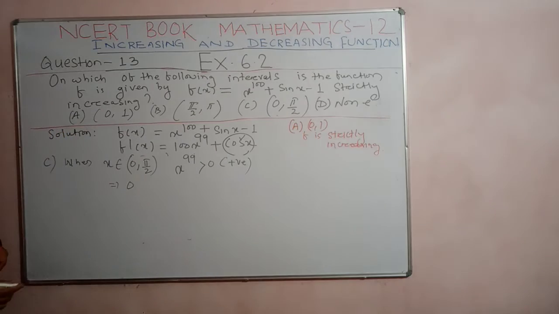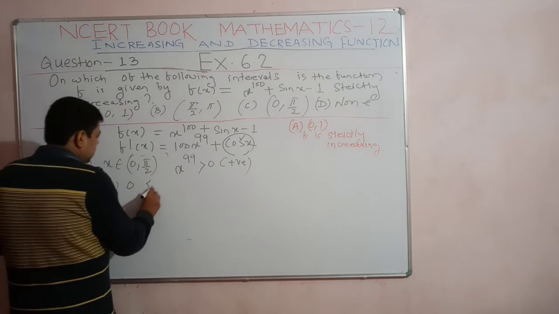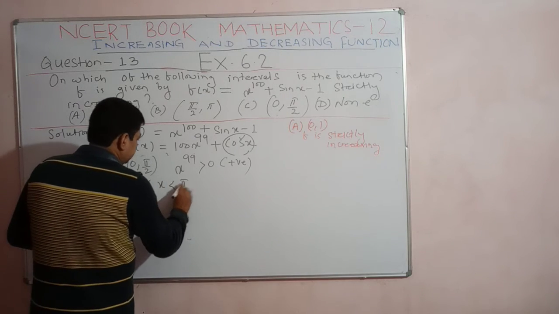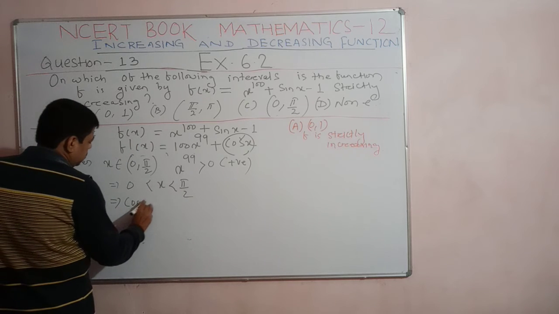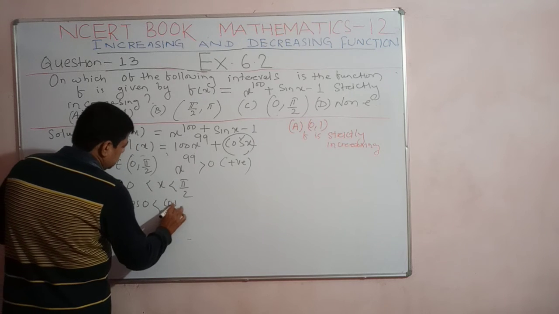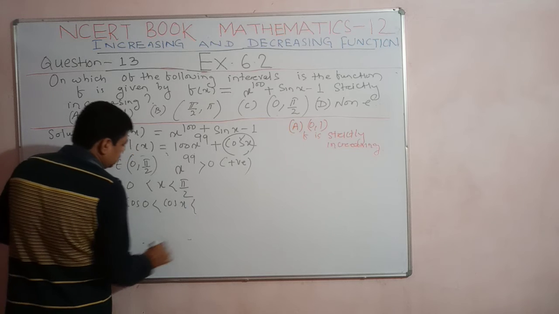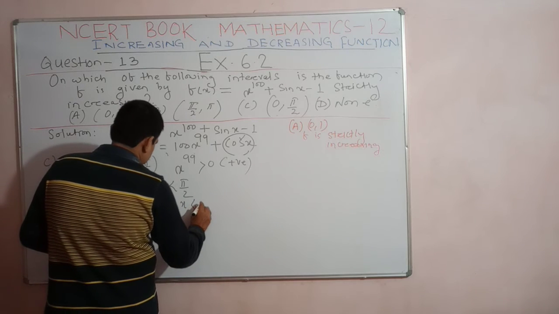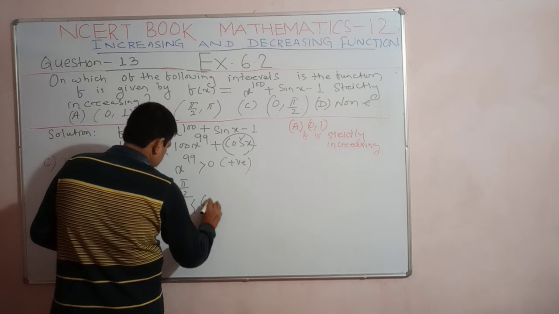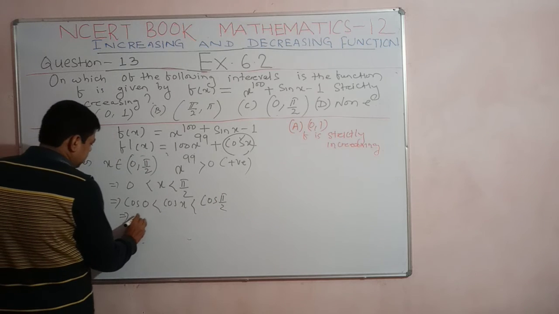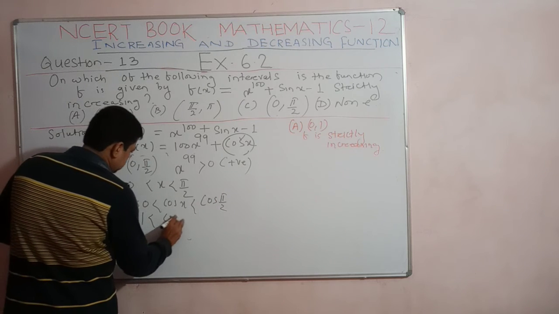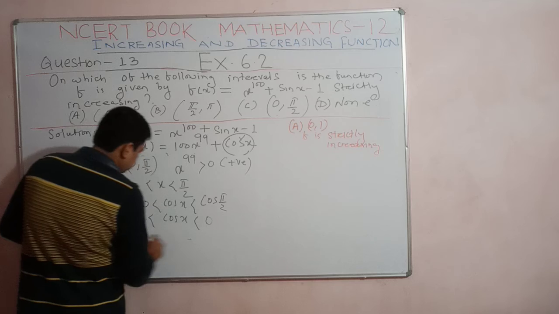Yes or no? And again 0 is less than x is less than pi by 2. That implies cos 0 is less than cos x is less than cos pi by 2.